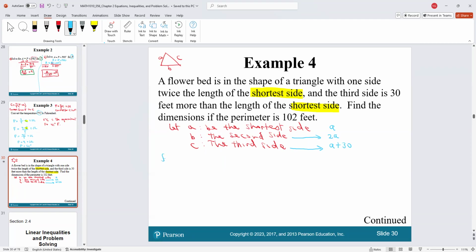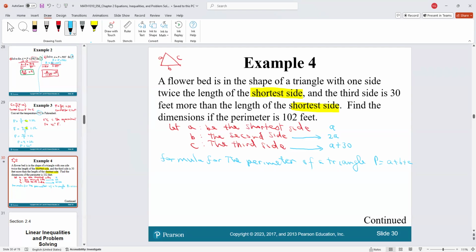And we know the formula for the perimeter of a triangle with 3 sides. In this case, it's going to be A plus B plus C. So we add these 3 sides.